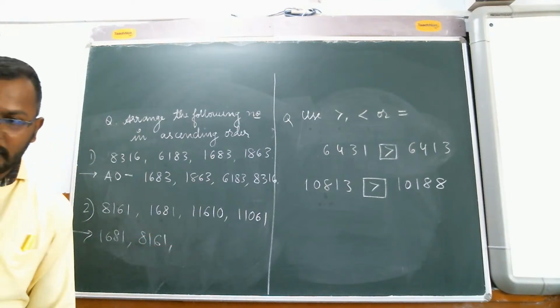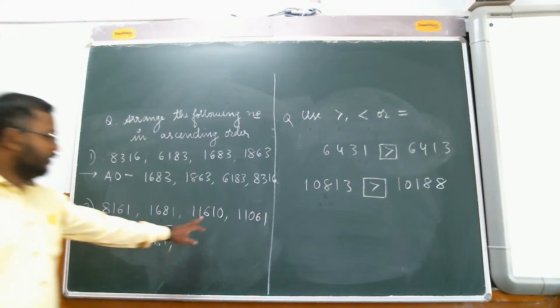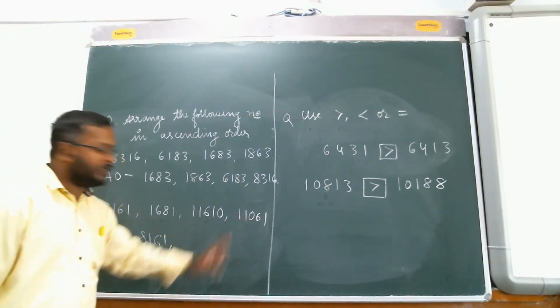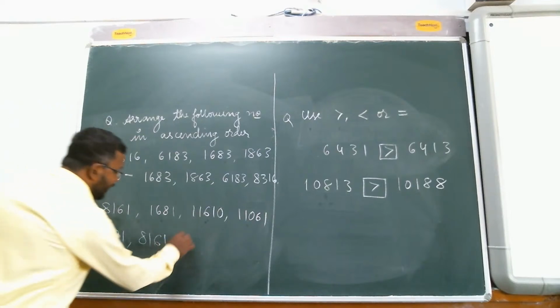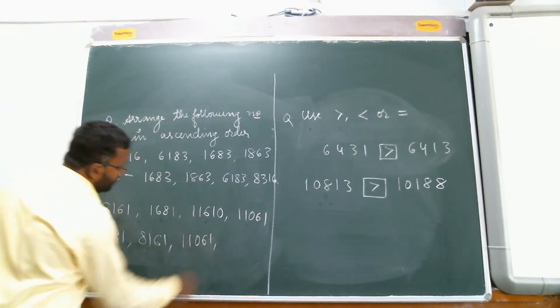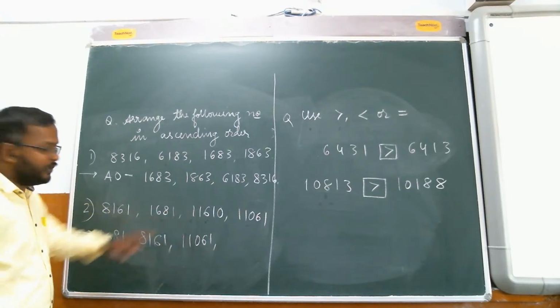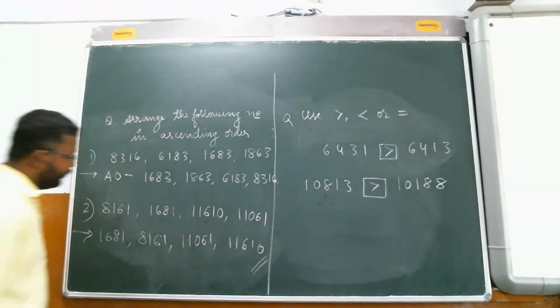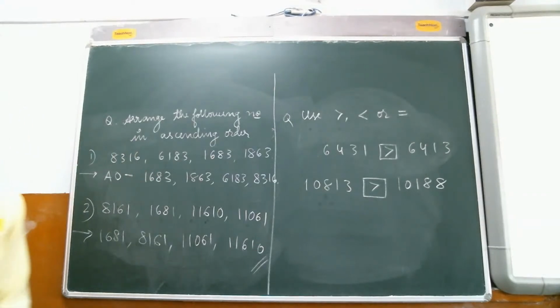And at last, what we are having? These two numbers. So among these two numbers, this number is smaller. Okay, 11,061, and this is the greatest number, that is 11,610. So this is the ascending order of the given numbers.